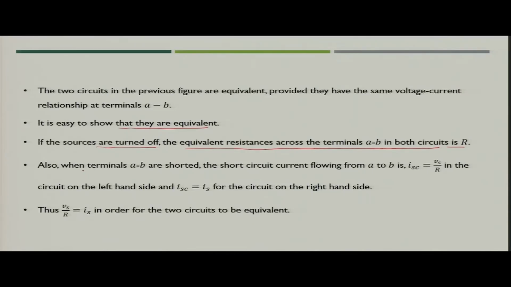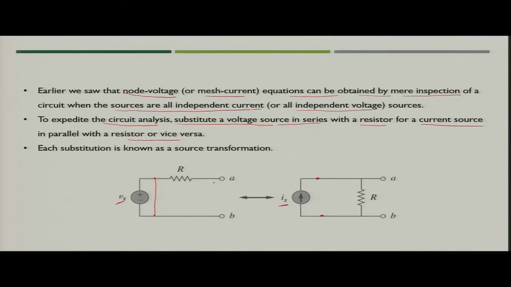Now, if you short circuit the terminals A and B, what would be the value of the short circuit current flowing from A to B? Let us see this circuit once again.